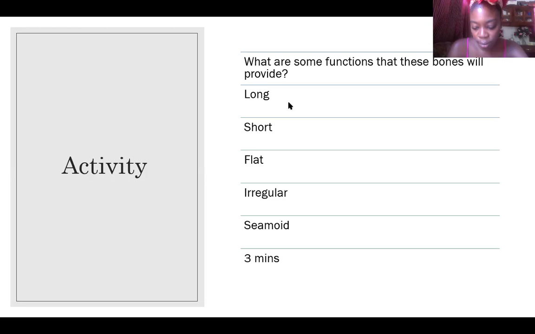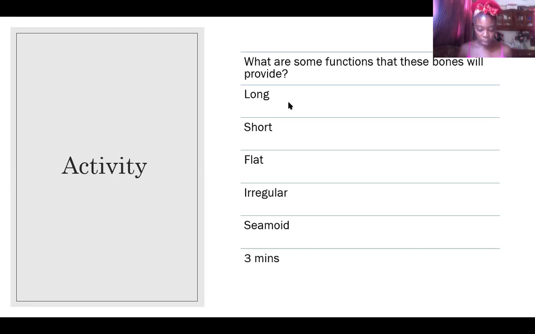Flat bones. What to say for flat bones? What else? That's all I think so far.